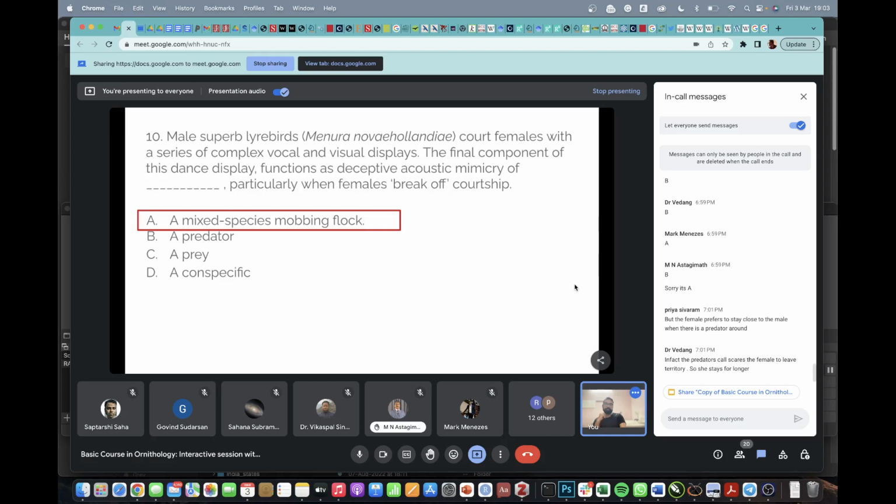But doesn't that apply to a predator call as well? Yeah, but the animal doesn't make that call, right? It's not making that call. So it could apply if it made that call, but that's not happening in nature. So then, Govind, you get it right?